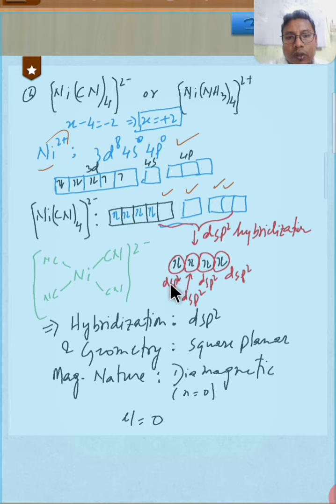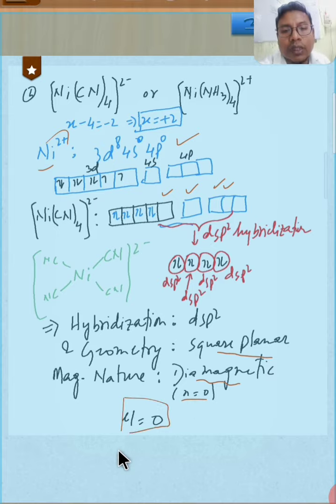Okay, so when the hybridization is dsp2, geometry is what? Square planar. So magnetic nature of this complex will be diamagnetic because there is no unpaired electron present in this case. The number of unpaired electrons is 0, so magnetic moment will also be 0.